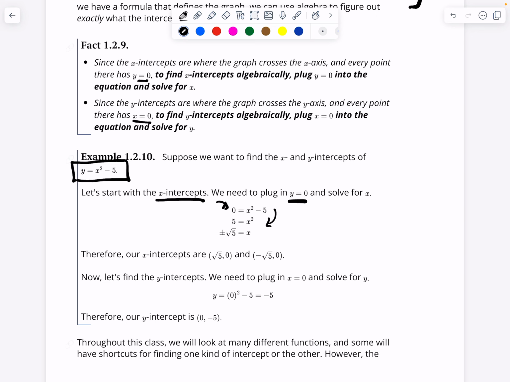Move the 5 over, and remember when we square root x squared, we pick up a plus or minus on the left. Those are my values that correspond to the x-intercepts, but the x-intercepts themselves are the points, the x, comma, y.